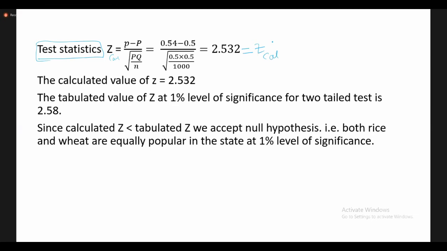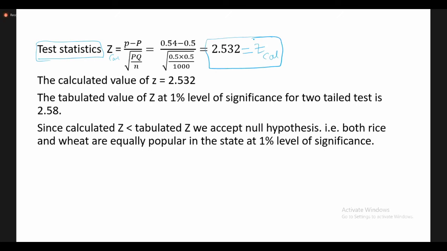Anyone confirm in chat box, Z calculated value.